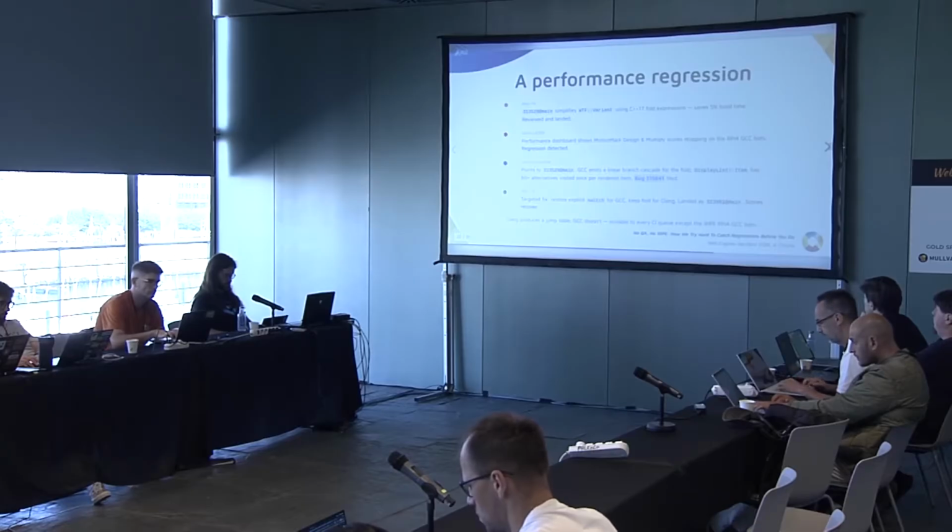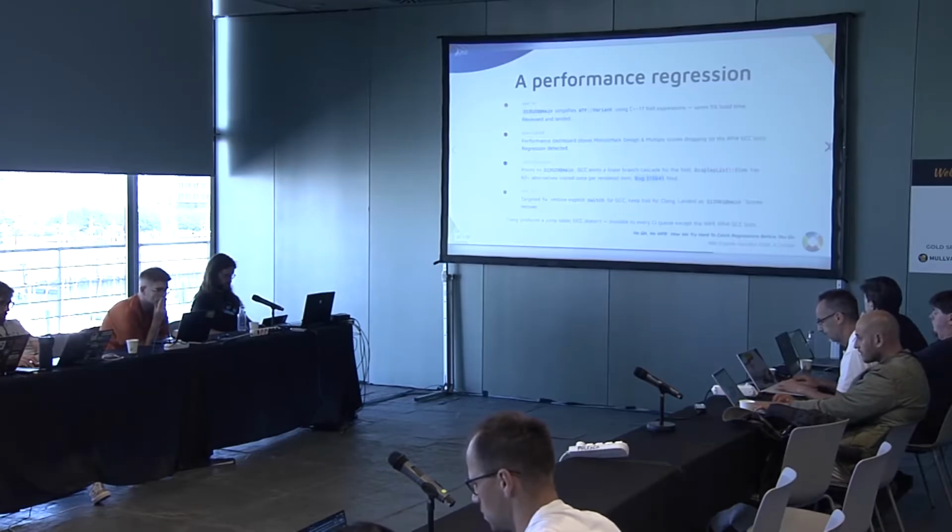MotionMark started showing performance decrease, in particular on the Raspberry Pi 4 GCC bots. And GCC is particularly relevant in this, because the main issue there was that these optimizations were relying on some Clang features.